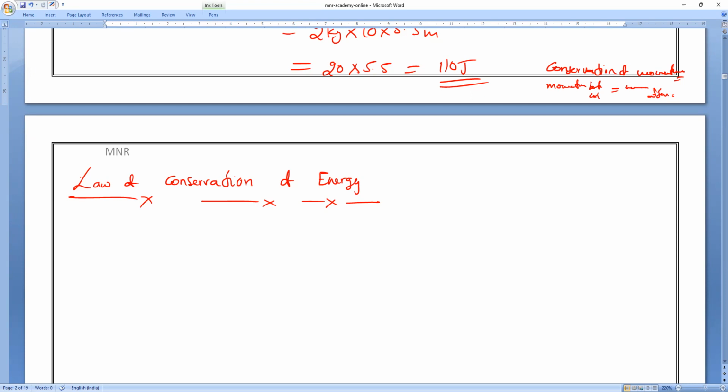One form to what? Another. So that is the formula.